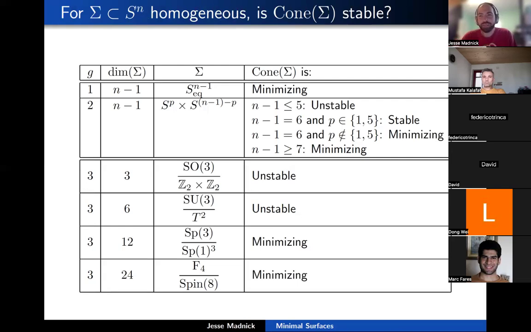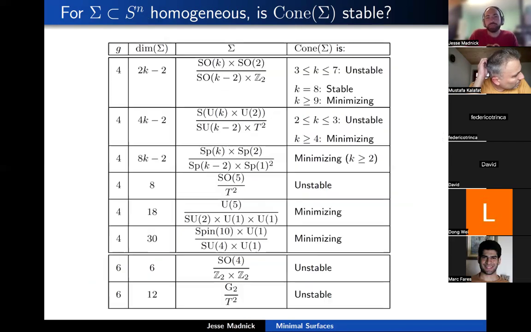What we see is that, of course, in high dimensions, the cone is more likely to be stable. In low dimensions, the cone can't be stable. And then there's this sort of funny intermediate thing which happens. Sort of on the boundary, you see that the cone can become stable and then quickly switches to being minimizing. This is the situation for G equals 1, 2, and 3. For G equals 4 and 6, it looks like this.